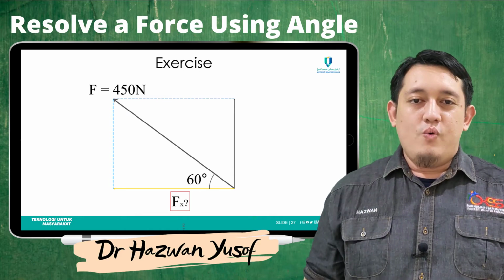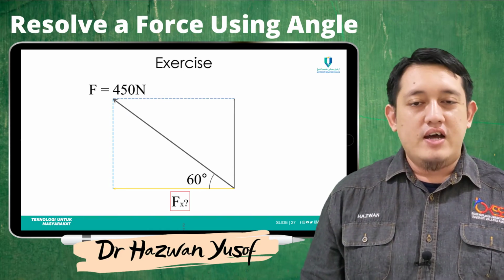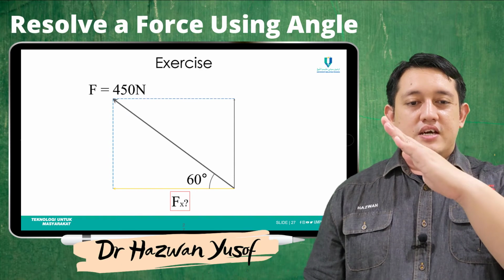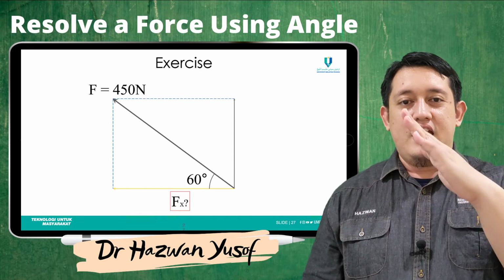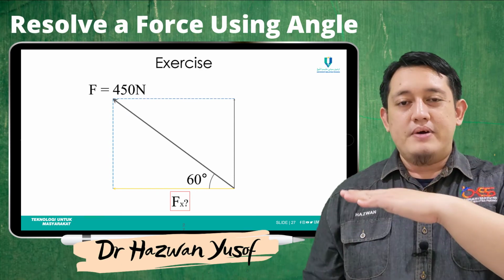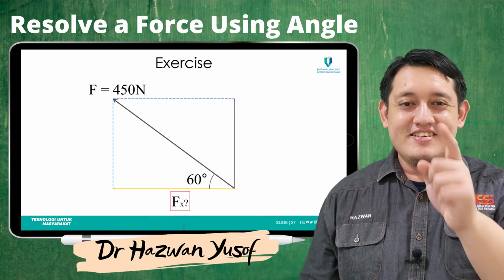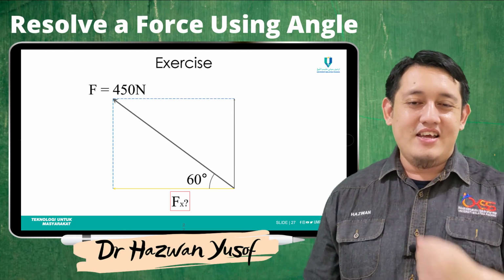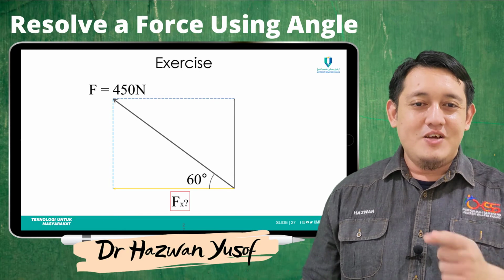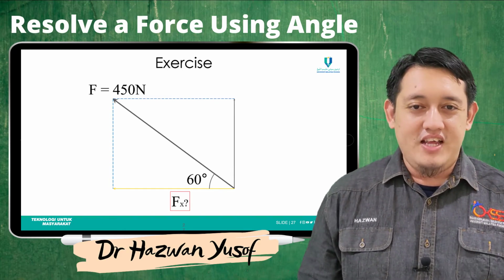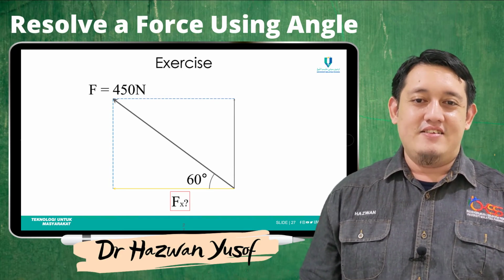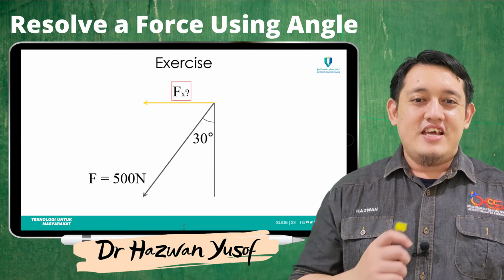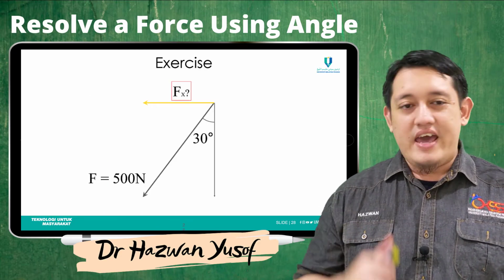So, when we want to resolve F, 450 Newton, from here to the x direction, what will happen to the angle? Crush. So, to calculate Fx, Fx equals 450 cosine 60. Simple, huh?